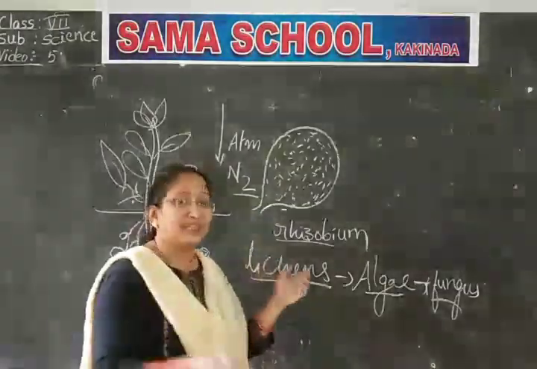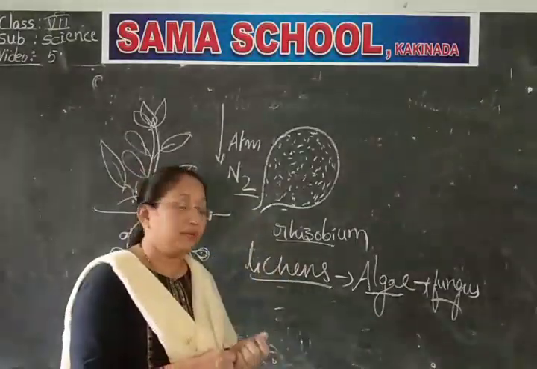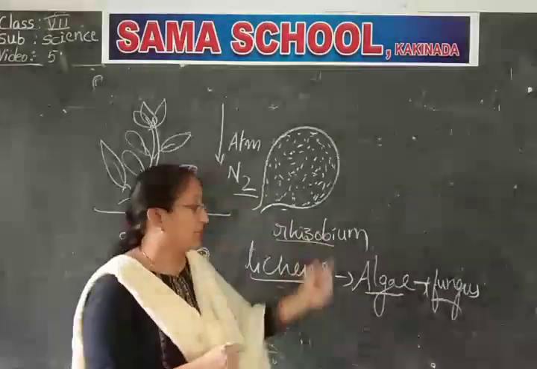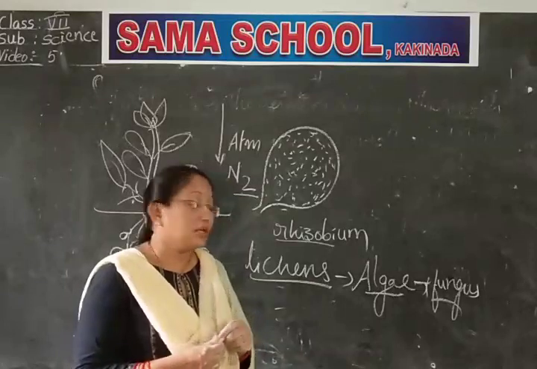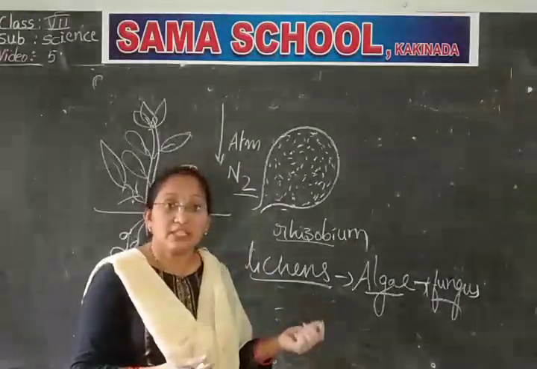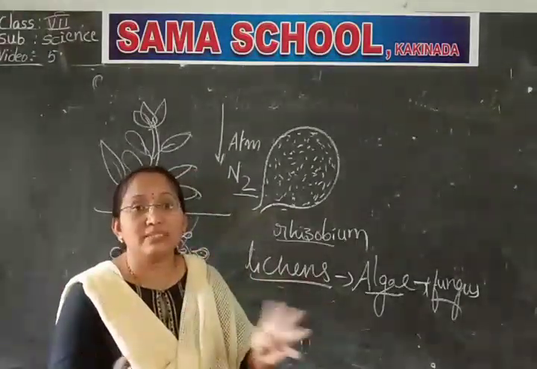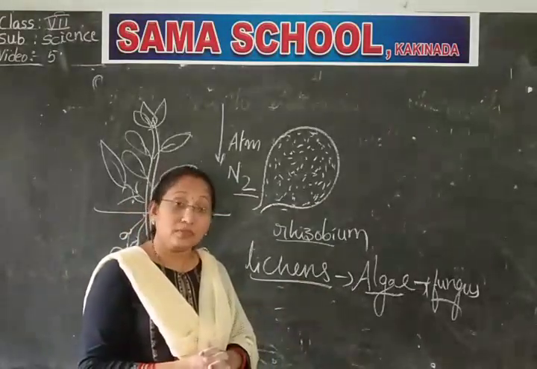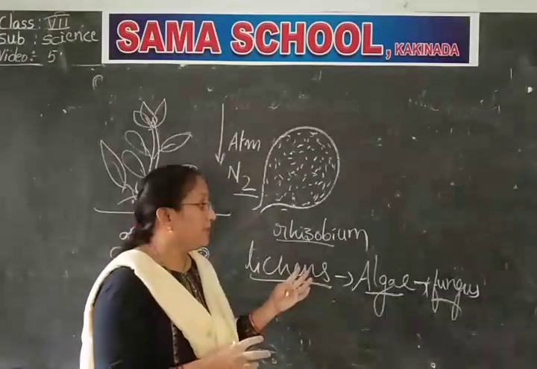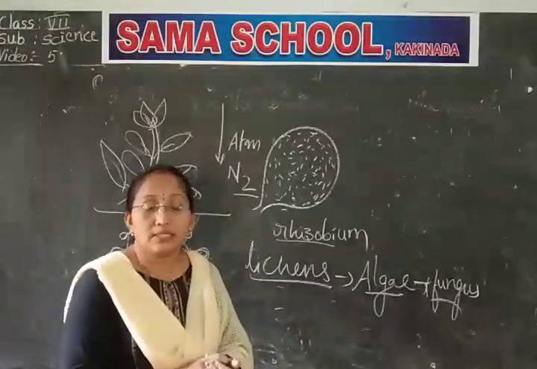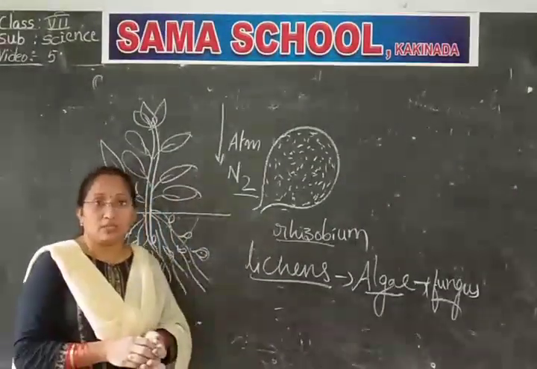These organisms, either plant or bacteria or whatever it may be, one plant and another organism, it is a type of nutrition in which both the organisms are benefited. Understand? So both the organisms are benefited here. That process is called symbiosis.